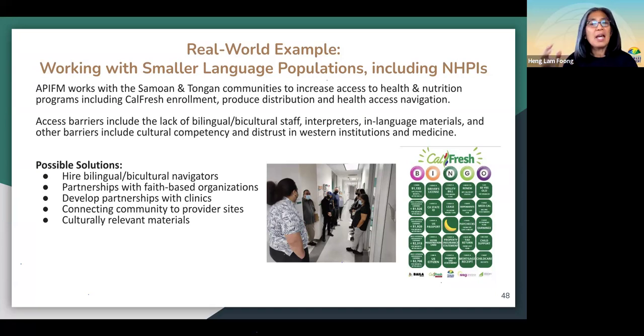Some churches have bingo nights. So employing a culturally recognized tool and adapting it to make it an outreach and education tool, in this case for CalFresh. So a small example of what's being done in this particular community. Next slide, please.